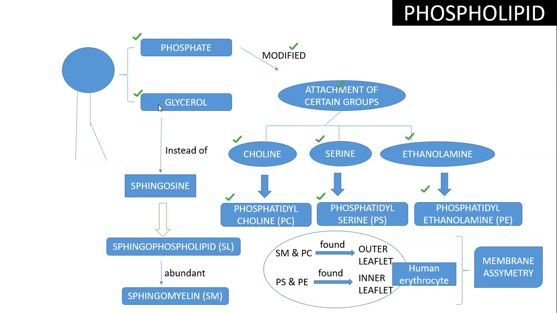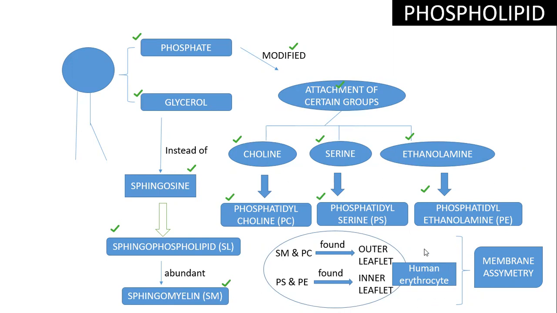Now, in place of glycerol, if a group called sphingosine is attached, that phospholipid becomes a sphingophospholipid. Sphingomyelin is one of the most abundant sphingophospholipids present in the plasma membrane. All of these structures are differentially present in the membrane, not in equal proportions.